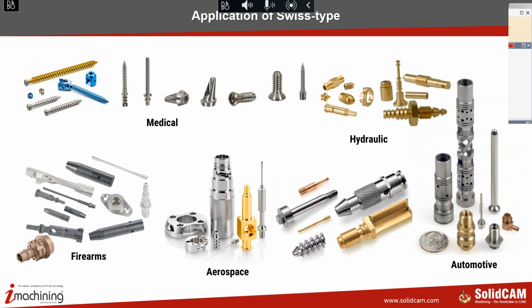Because of those capabilities, those machines are very nice for machining the parts that I just put here on the screen, and they have found a very practical way to help industries such as medical, hydraulic, firearms, which you will see very often, or aerospace and automotive.